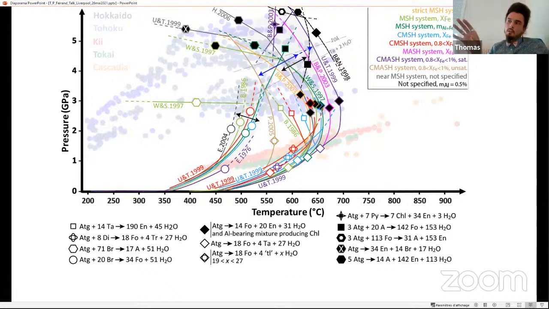So this is the summary of all the experimental works on antigorite stability only. When you take all the different antigorite compositions and water saturations, you realize that you have a potential correlation with 90% of the seismicity data sets that were considered by Abers in 2013.